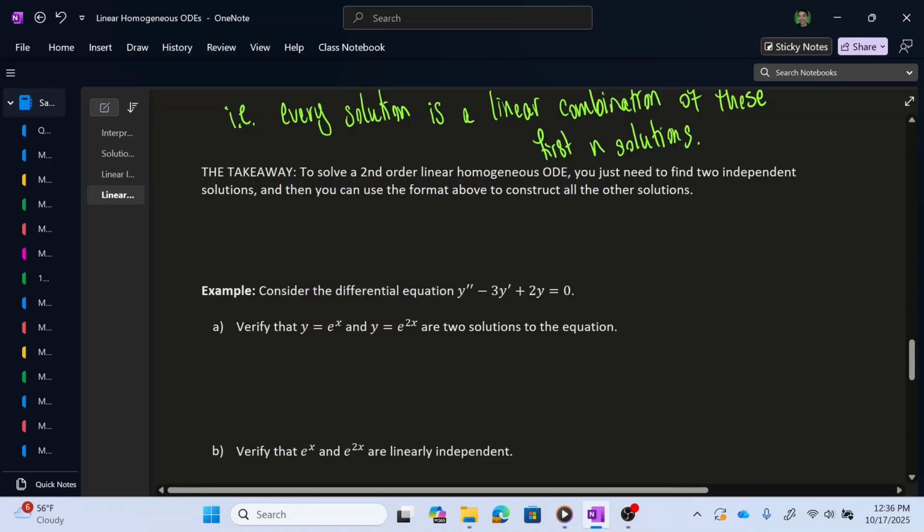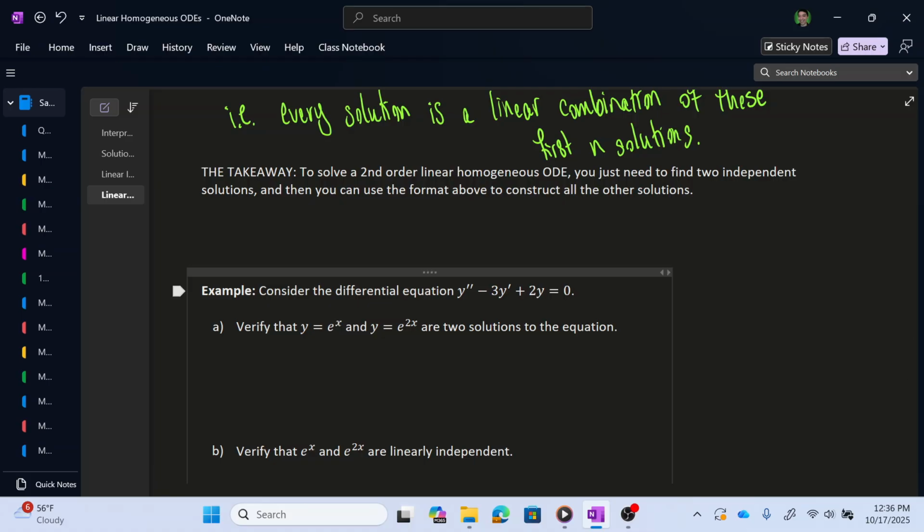If you can find two solutions to your second order differential equation, and if those solutions are independent from each other, then that's enough to get every other solution that exists in the world.